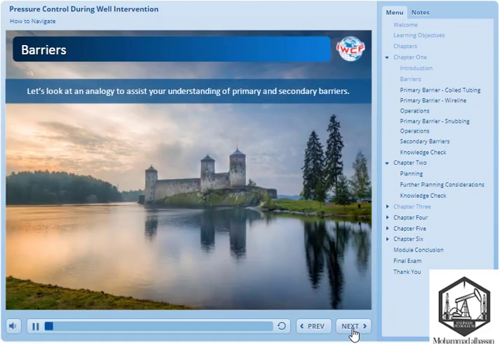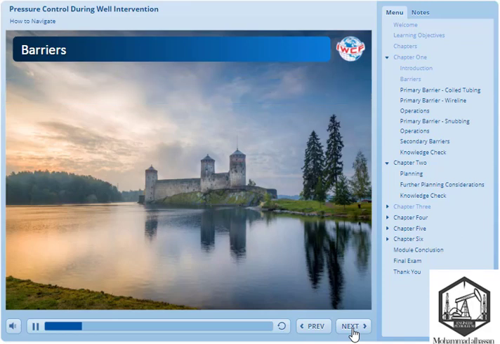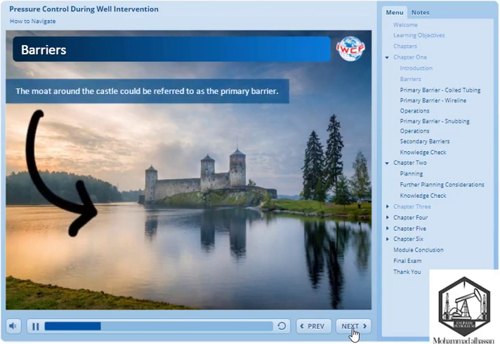Let's look at an analogy to assist your understanding of primary and secondary barriers. If you were to consider a castle during an invasion by hostile hordes, the moat around the castle could be referred to as the primary barrier. The water acts as the first line of defense to outside intruders and helps prevent an invasion of the castle.